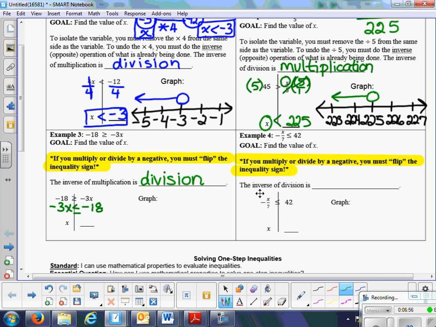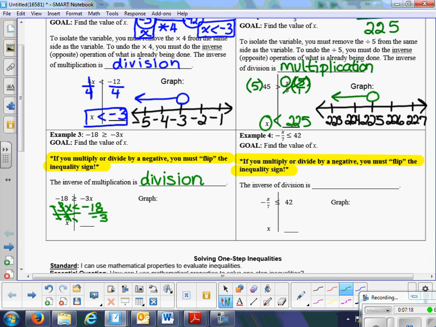Okay, so we have negative 3x is less than or equal to negative 18. I'm going to divide by negative 3. A negative divided by a negative is going to be positive, which leaves me just with my variable x. I've divided by a negative number.